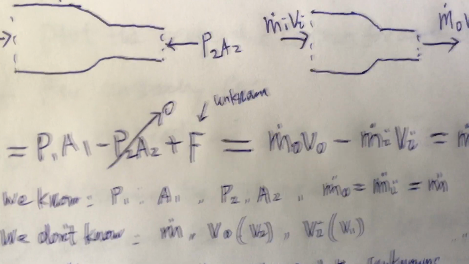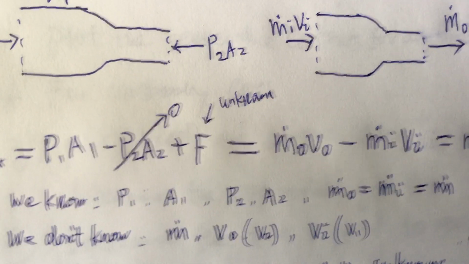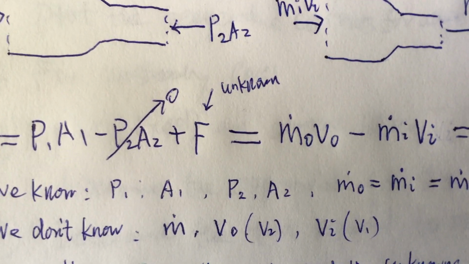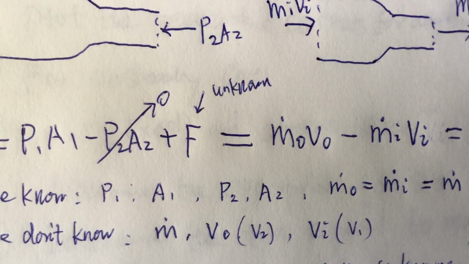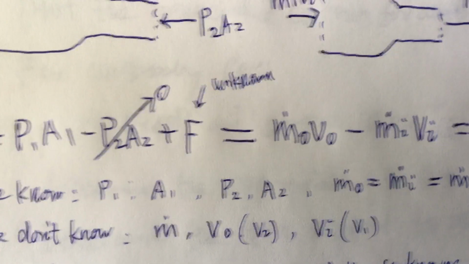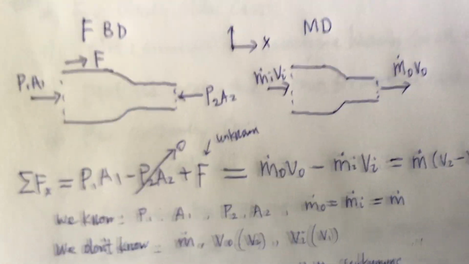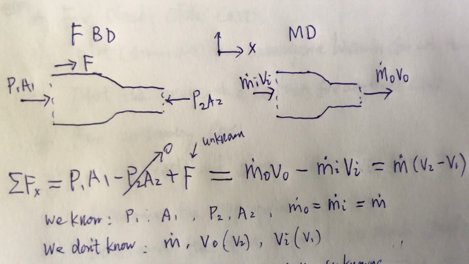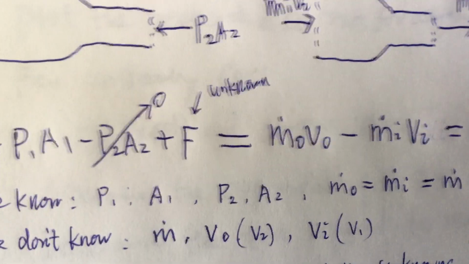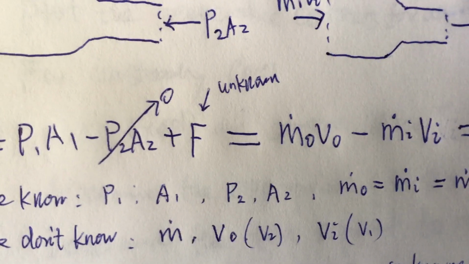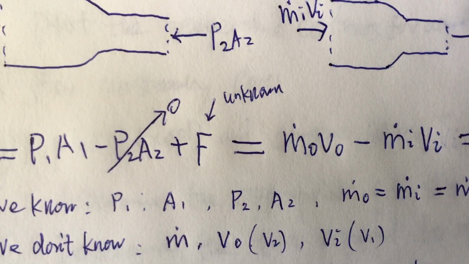Obviously, we don't know this, right? The goal is to find mass flow rate m dot as well as V1 and V2. Okay, so what equation are we going to use to find the velocities? You know, mass flow rate is based on the velocity. If you know velocity, you know the mass flow rate.